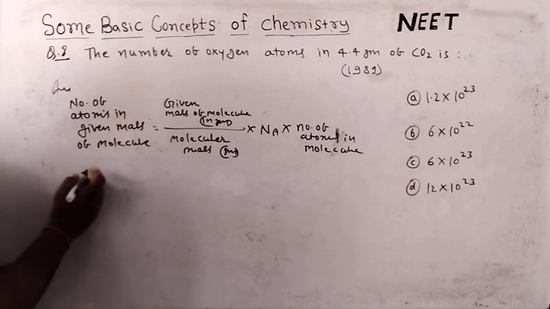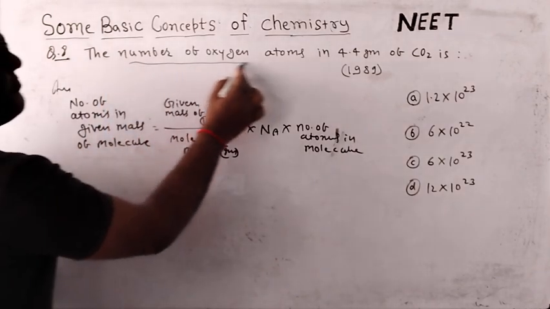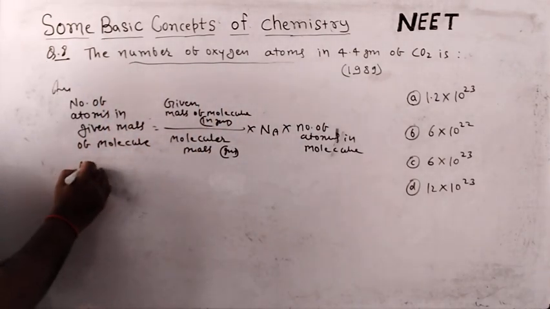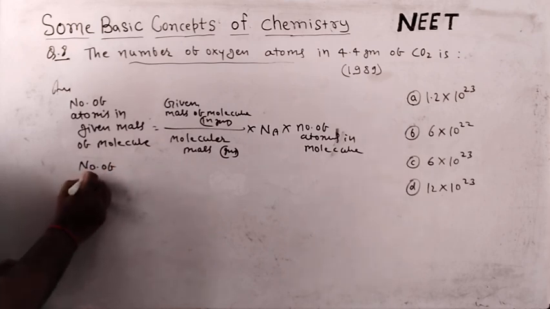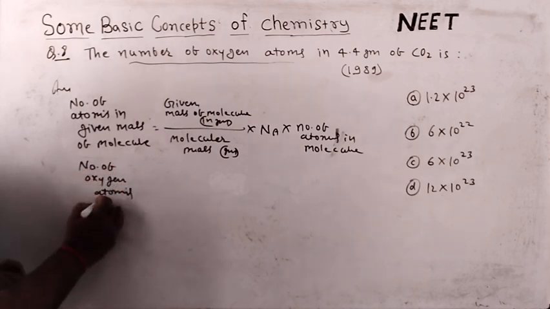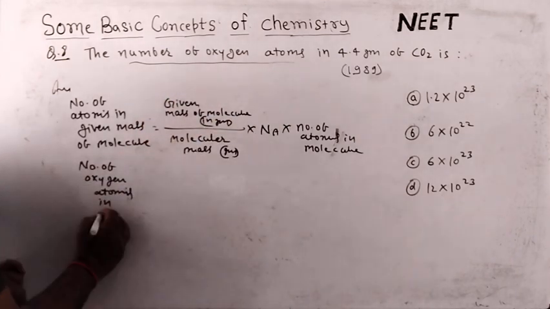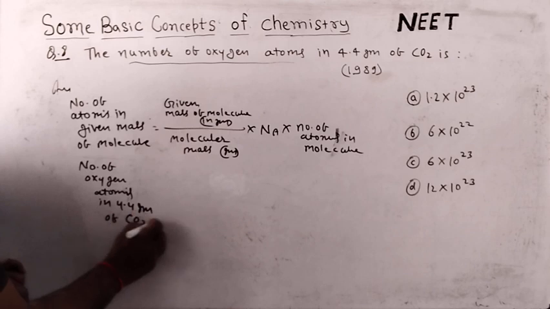Now according to question, number of oxygen atoms. Now number of oxygen atoms in 4.4 gram of CO2 molecule.